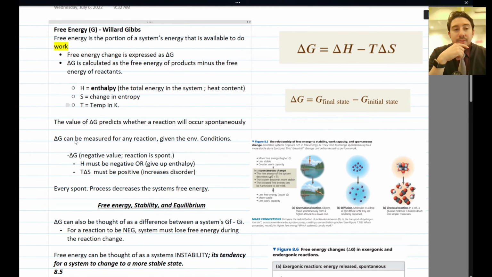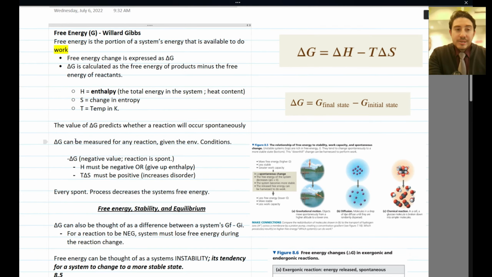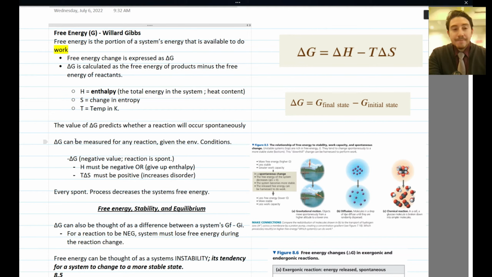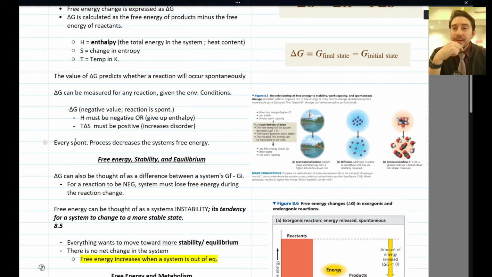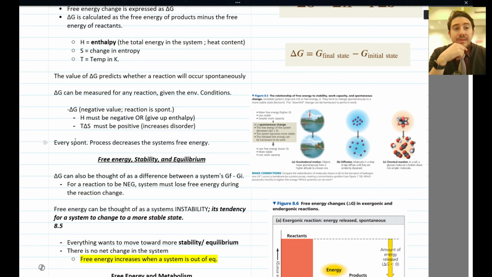And the value of delta G predicts whether a reaction will occur spontaneously. So it can tell you, is this reaction energetically favorable or not? Will it occur spontaneously or not? Many scientists over the years have conducted many experiments to figure out that for a reaction that is considered spontaneous, delta G must be negative.